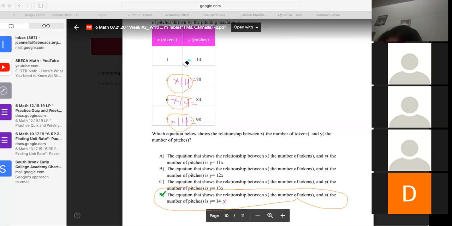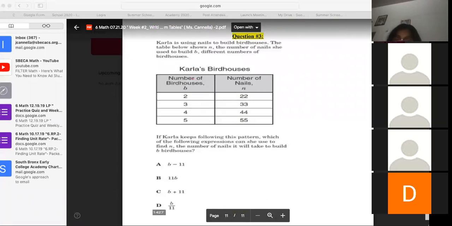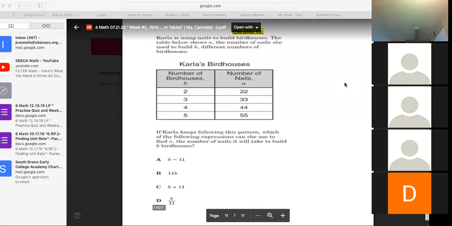Moving on. Last question on your exit ticket. The assessment on Thursday will be like this. All right, last question. Evelyn, please read this. Carla is using nails to build birdhouses.